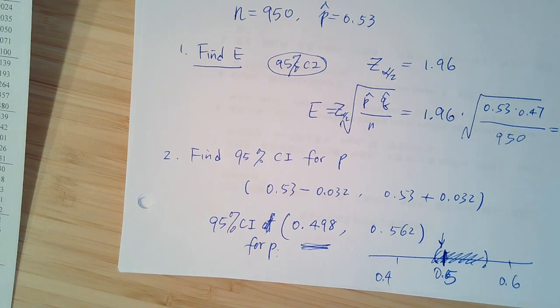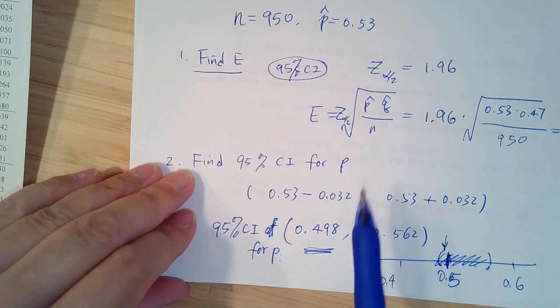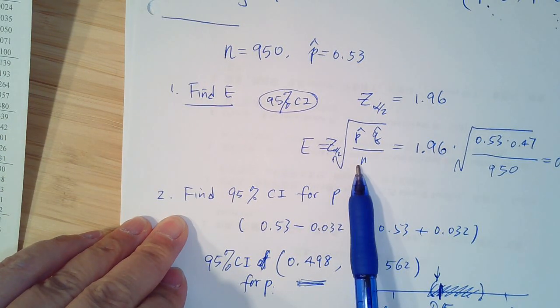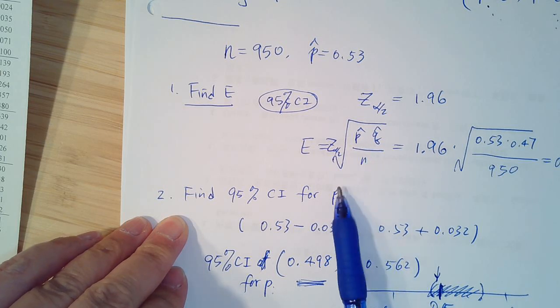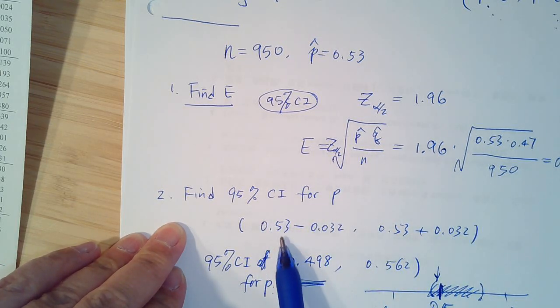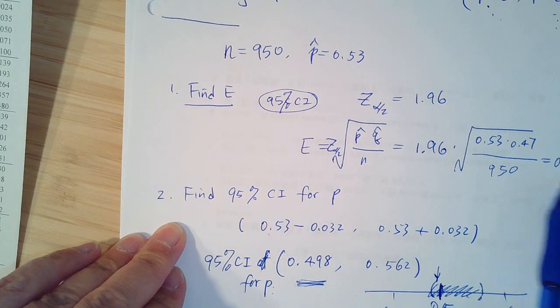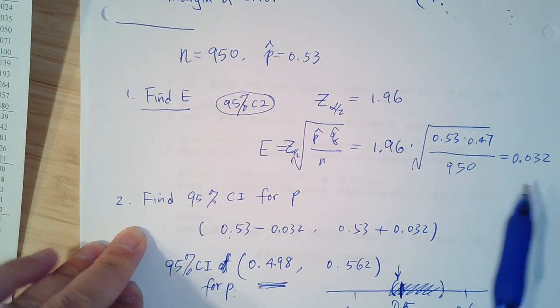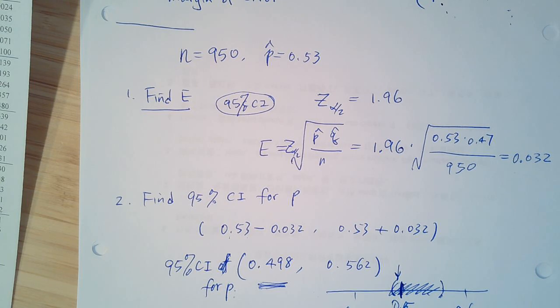What does that mean? That means because we have this sample size and this sample proportion 0.53, the margin of error is about 3.2%. The percentage should differ by no more than 3.2 percentage points in either direction from the percentage that would be found by interviewing all undergraduates, which means the population proportion.